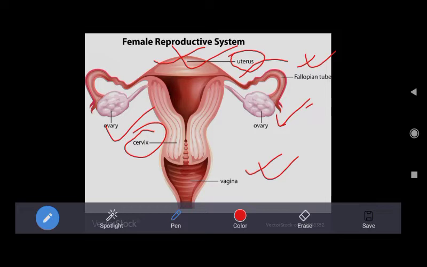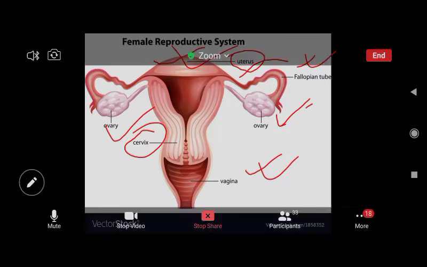Ovary leads to a tube which is called the fallopian tube or oviduct. This oviduct opens into the wider uterus. Uterus opens into the vagina through an opening, or we can say it acts as a guard, that is the cervix. Regarding the parts, is it clear to all?